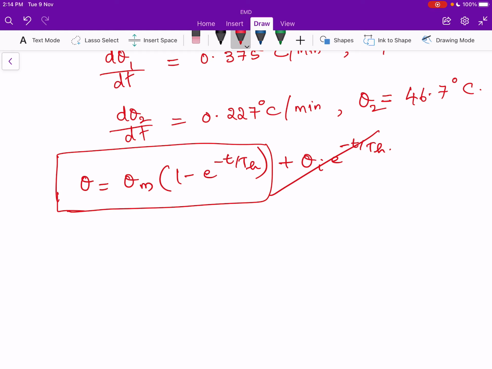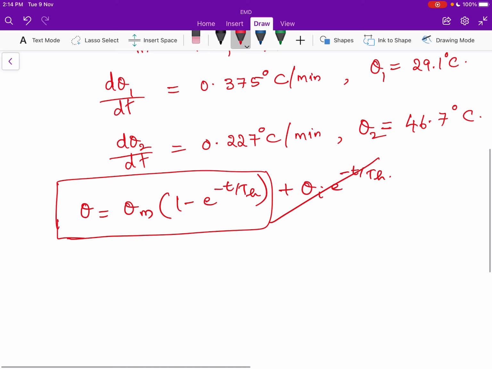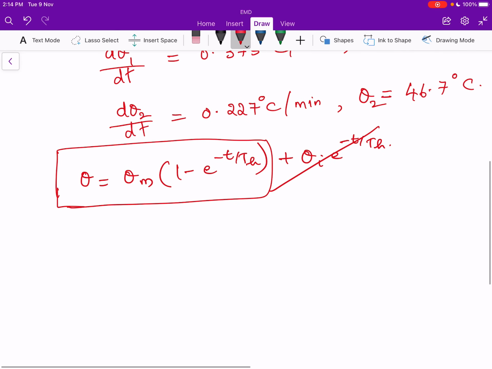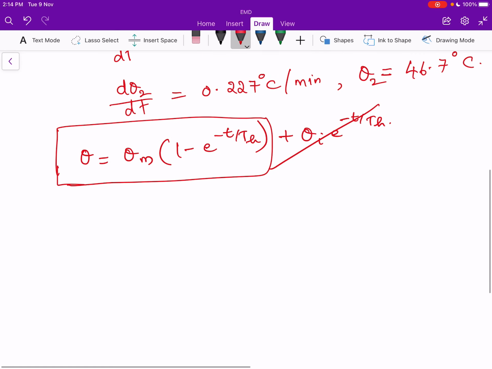Now we have to find the expression for d theta by dt, because in the question d theta by dt and theta are given. So we differentiate theta with respect to t.